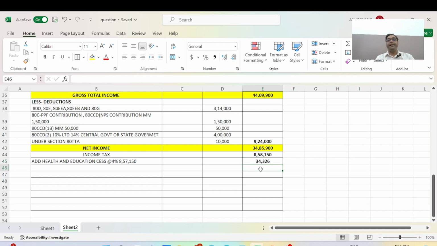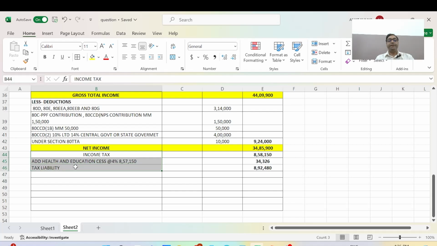Now we add 8,58,150 plus 34,326. This is our tax liability, 8,92,480. The calculation is complete.